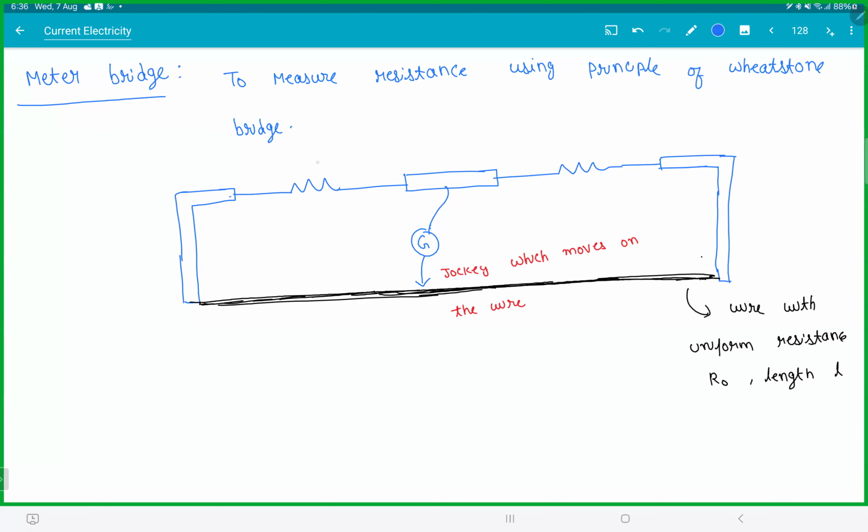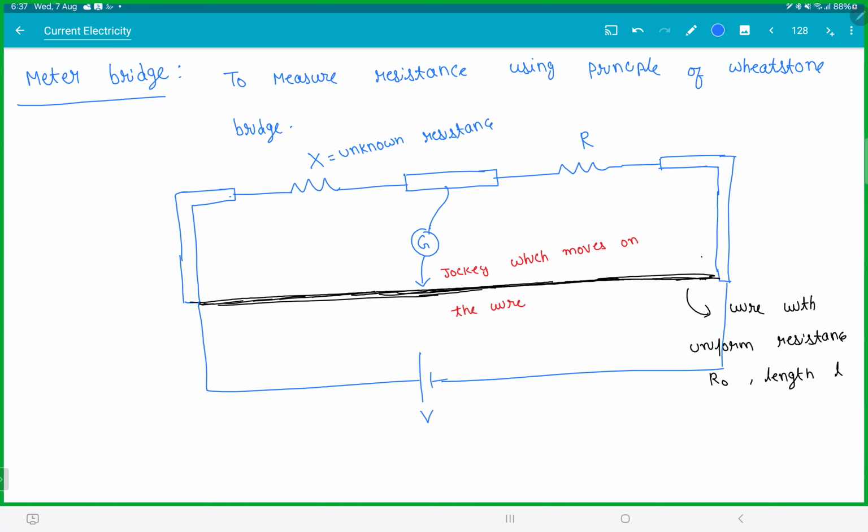So here you take a known resistance R, and an unknown resistance X. We need to find the unknown resistance. So we have a battery connected here.